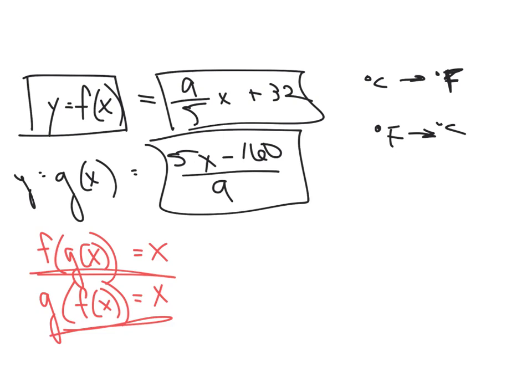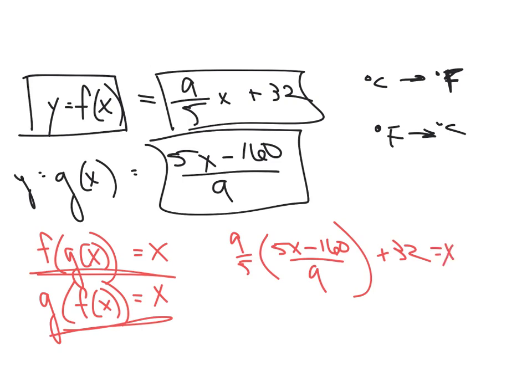Now, if you remember how this works from last lesson, I look at my g of x, and I take that whole thing, and whenever there's an x in the top one, in the f of x, I put that in its place. So I'm going to do that. I do the math and I find out that equals x.